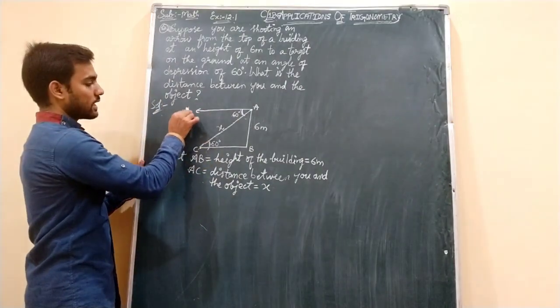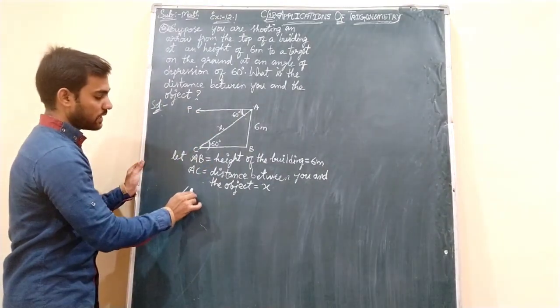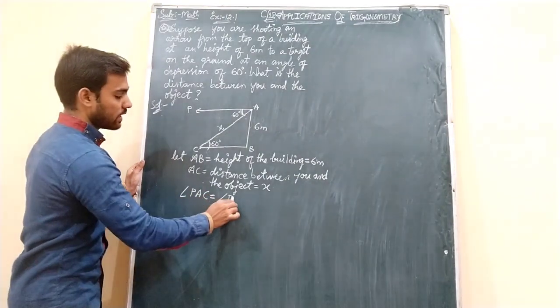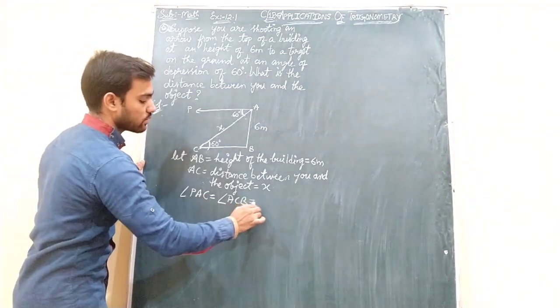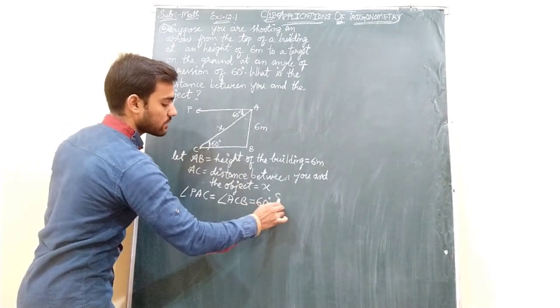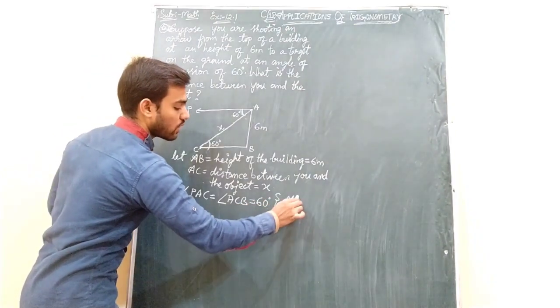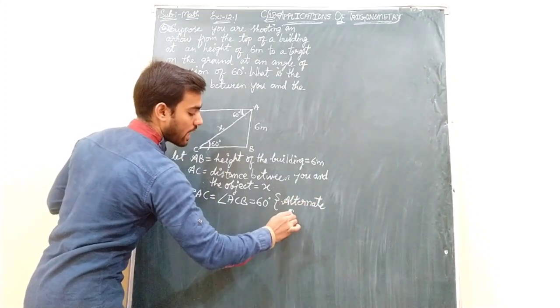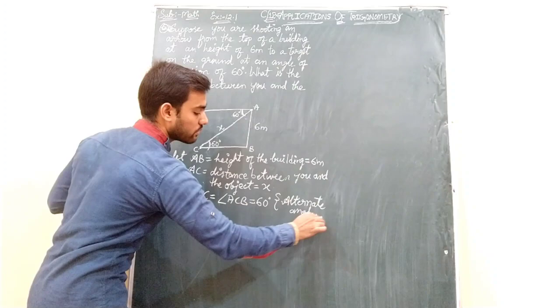Now this I take as P. Angle PAC is equal to angle ACB equals 60 degree. I am taking with respect to what angles I said? Alternate angles. Okay, students?